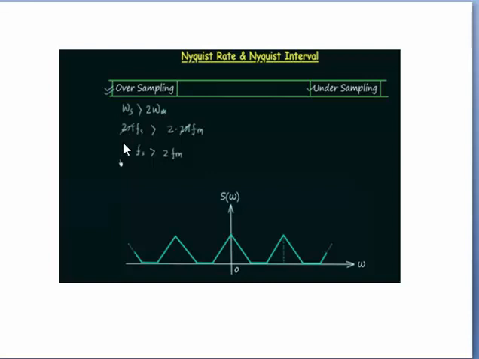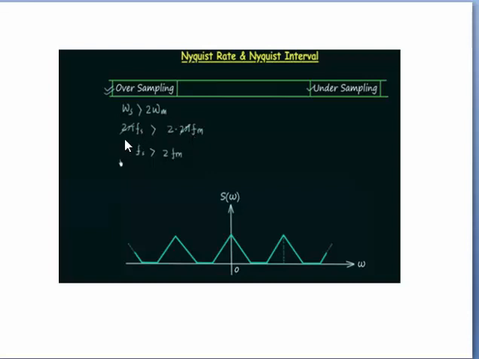When this happens, you will find the shifted spectrums of the message signal have a sufficient gap between the two triangles. This gap is called the guard band, and there will be no overlapping. So this oversampling case is allowed, and we know ωs is equal to 2π/Ts, or ωs is equal to 2πfs, and ωm is equal to 2πfm.